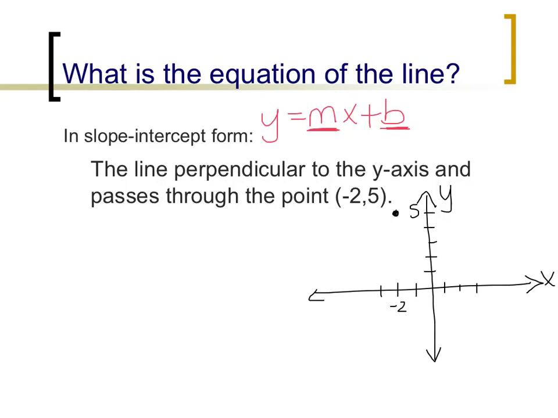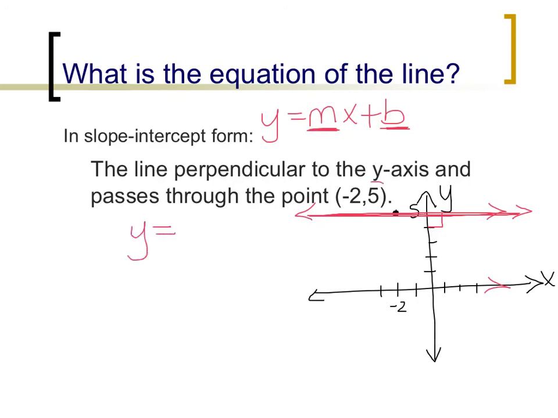So my line is going to look like this. My line's not so great, but you can see that it is perpendicular to the y-axis and parallel to the x-axis.